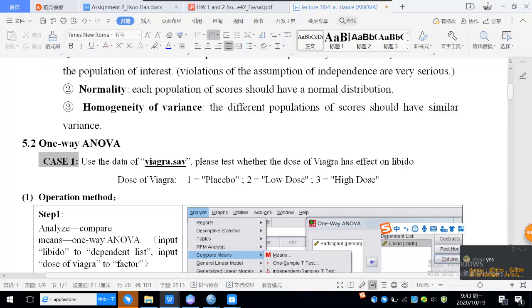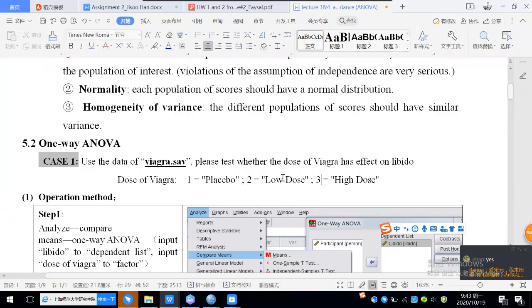The dose of Viagra: we use 1 to indicate placebo. If we use the low dose of Viagra, it is indicated with 2. And if for these people we use the high dose of Viagra, then the high dose is 3.